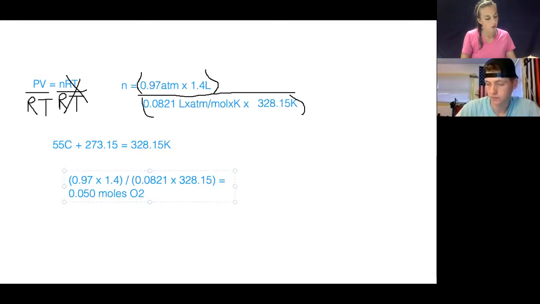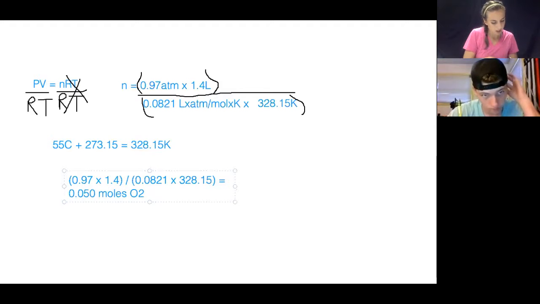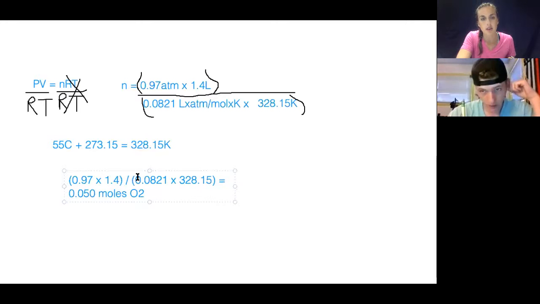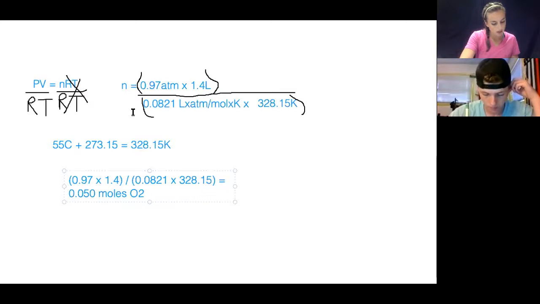So now we have moles of, let's see. It says that the oxygen was added to excess water and iron. So we know oxygen is our limiting reactant. So since we have the number of moles of the limiting reactant, we can go straight to what they're asking me for, which is iron. So let's see.